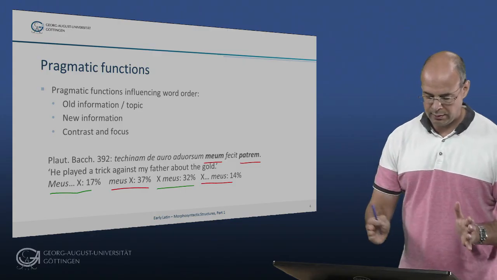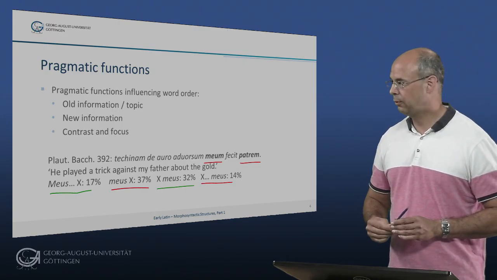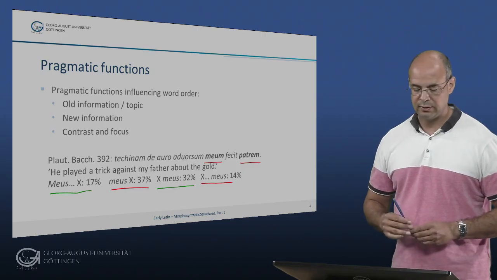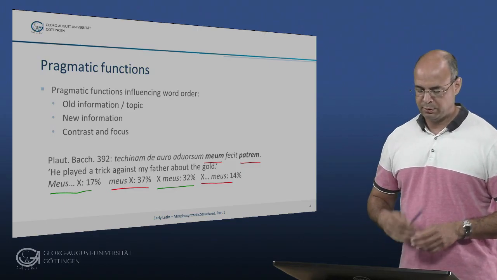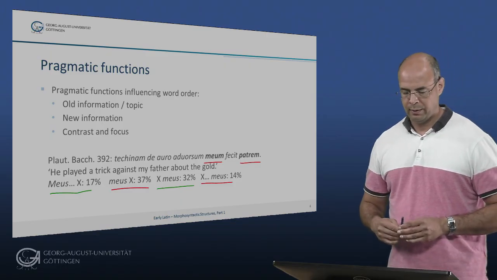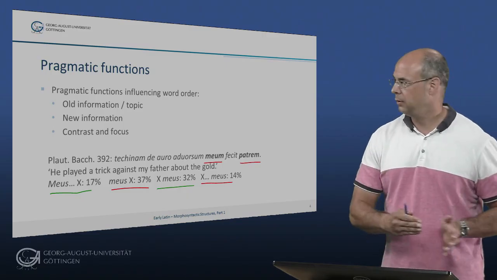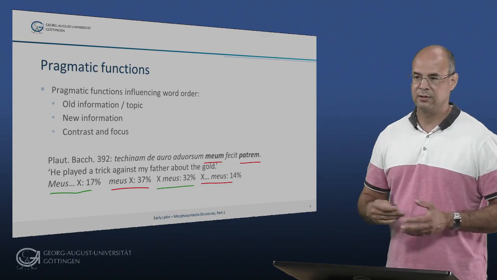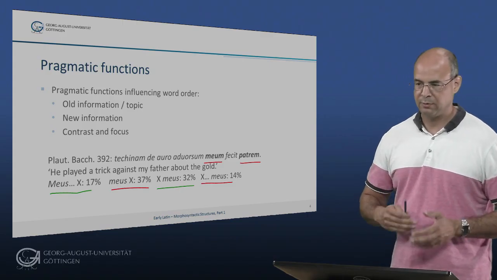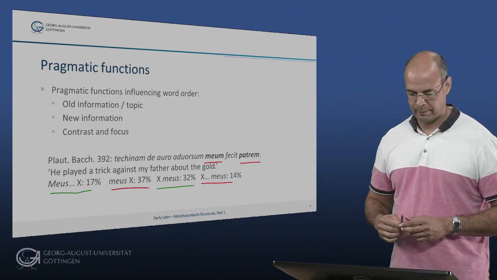Now, as I say, these word order patterns in Plautus are tied quite closely to pragmatic functions. Possessive pronouns can be contrastive. You can say, it's my book, it's not your book. Or you can just say, that's my book, and not focus on mine.